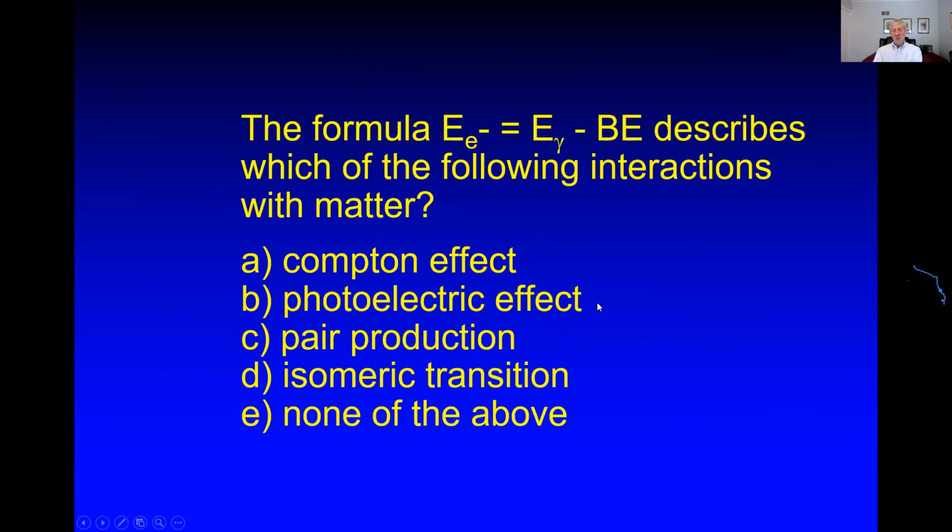This formula, the energy of an electron that's ejected equals the energy of the gamma ray that struck it minus binding energy. Which interaction does that describe? Is this photoelectric? Good. That is the photoelectric effect, because in that case, we could say that the energy of the ejected electron almost exactly equals the gamma ray that hit it, but we have to overcome that binding energy, which is a pretty small number.